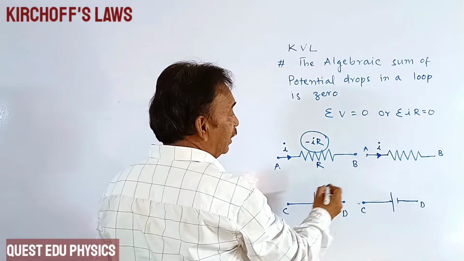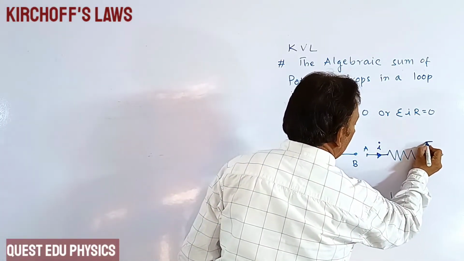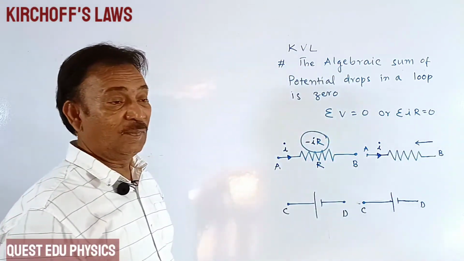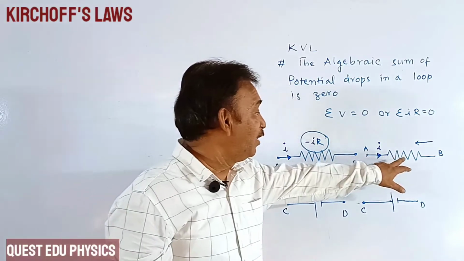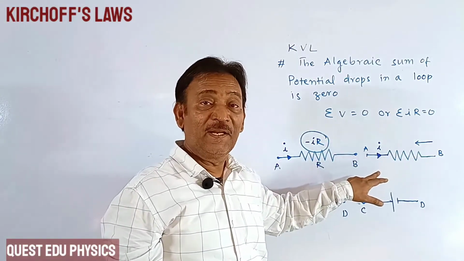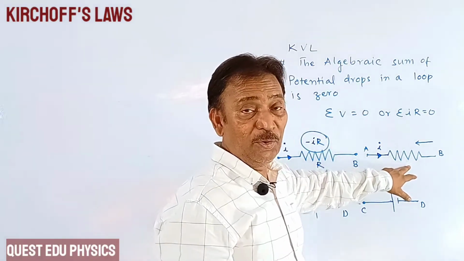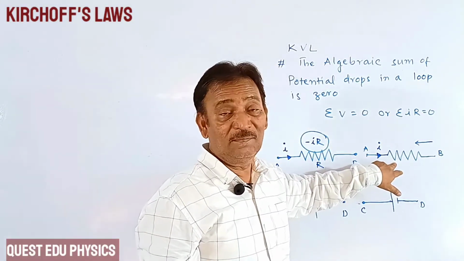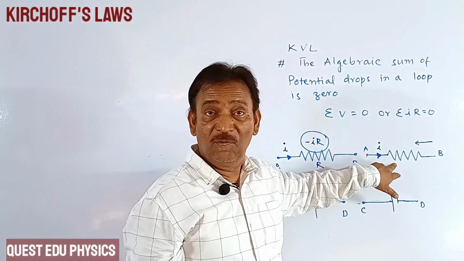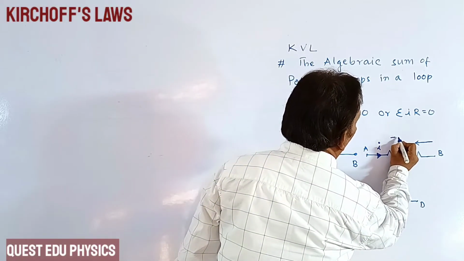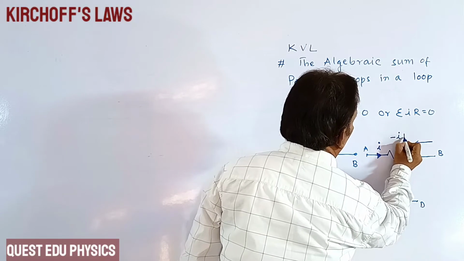Now imagine that you are traveling against the direction of the current. Already I told you, when you are crossing the resistor, potential will be dropped. The dropped potential is minus IR.